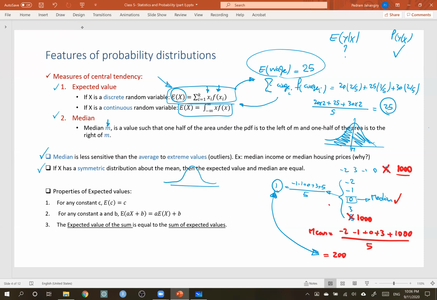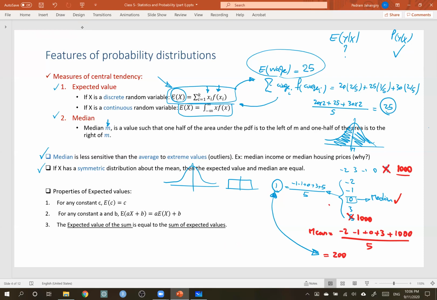It's symmetric, and it doesn't need to be normal. It can be something like this, right? As long as it is symmetric, the mean and median are the same. For the discrete version, symmetric means, if we stick to that example, -2, -1, 0, 1, 2. So this is an example of symmetry. The mean average and the median are going to be the same, which is equal to 0.